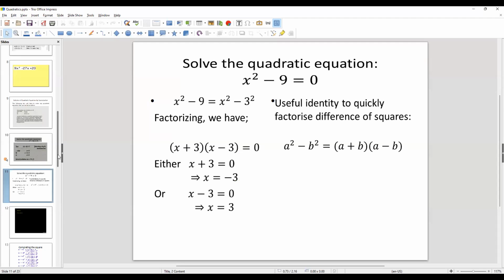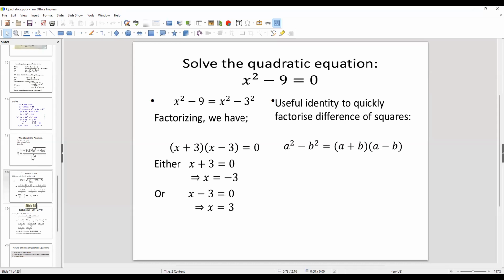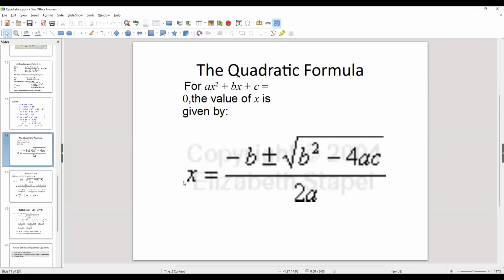I'm going to skip over this matter of completing the square, and I want to go straight to the quadratic formula. I know this might look fuzzy to you. What this basically is: if you have an equation of this form, ax squared plus bx plus c equals 0, x is equal to minus b plus or minus the root of b squared minus 4ac, all over 2a, right?